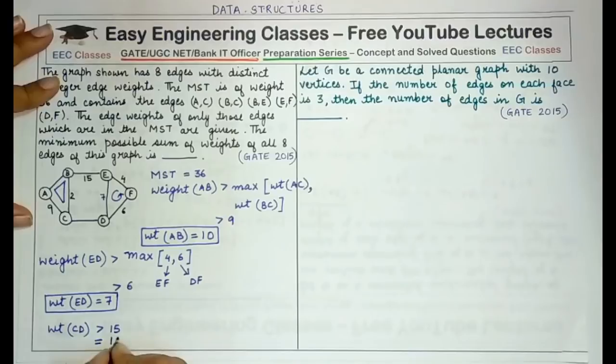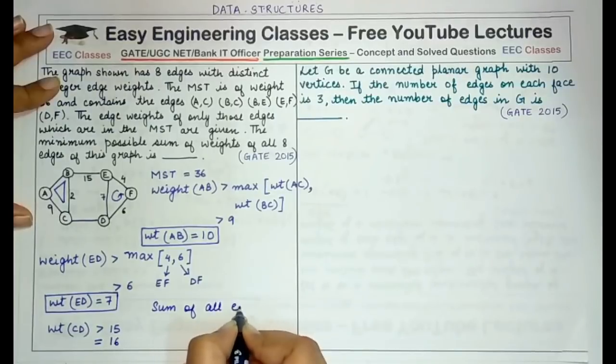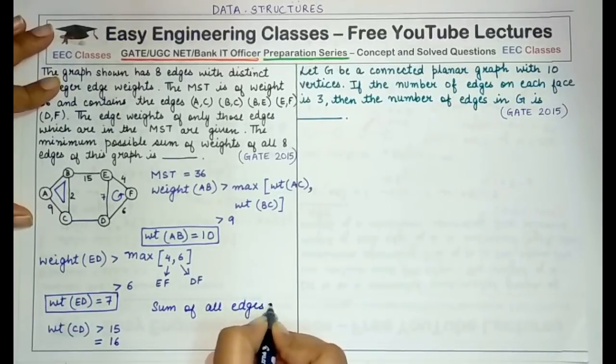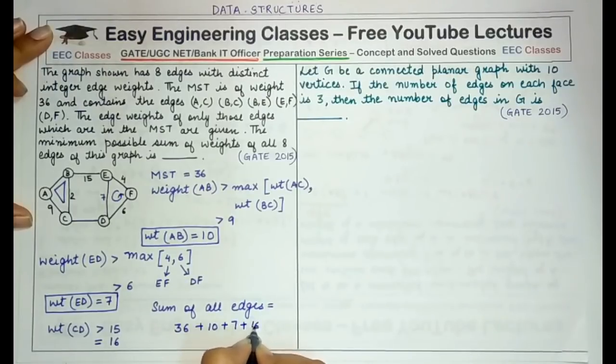So the sum of all the edges would be the sum of the edges that are present in the minimum spanning tree, that counts, or the sum is equal to 36 plus 10 plus 7 plus 16.